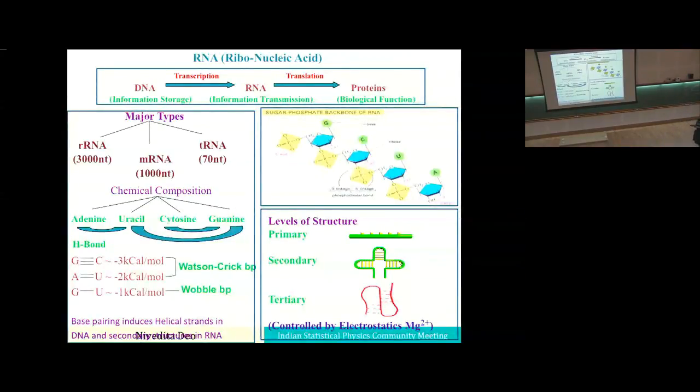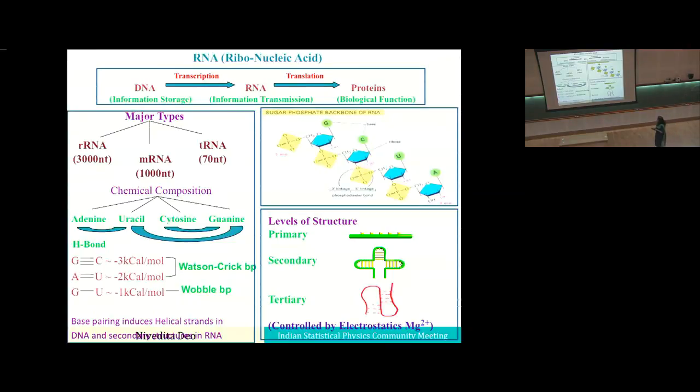The chemical composition of the nucleotides are the usual A, C, G, U, and they are connected by hydrogen bonds: G with C, A with U by the Watson-Crick pairing, and the wobble is with G and U, and these are the energies with which they interact.